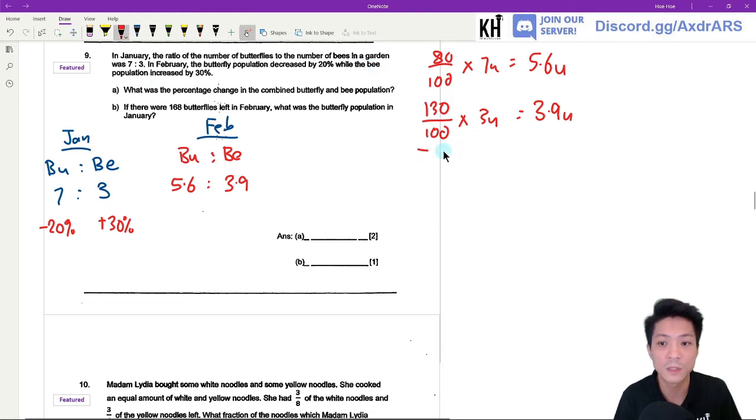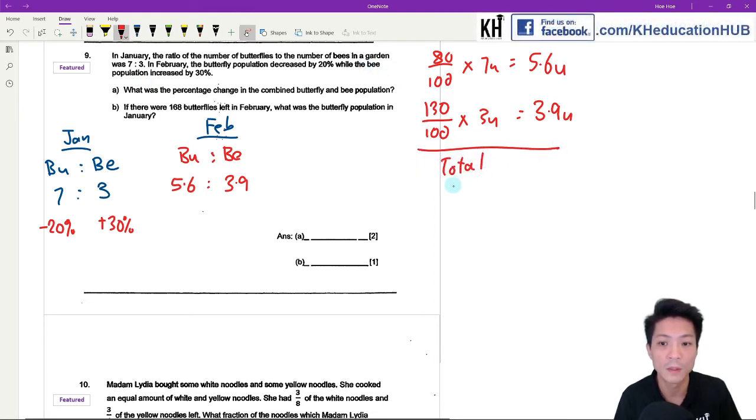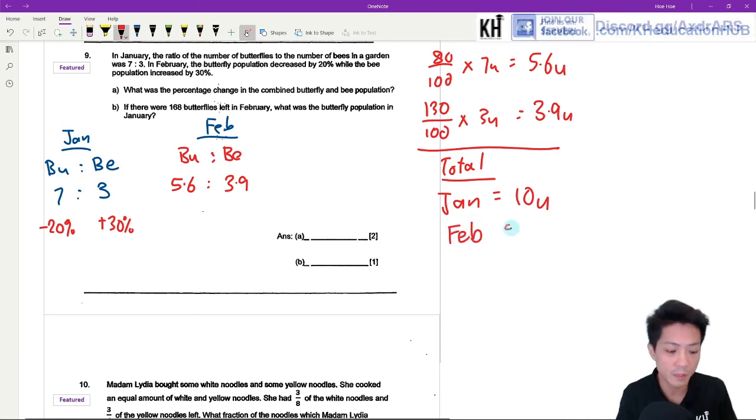Now let's work out the total units. Total in January is 10 units, and total in February will be 5.6 plus 3.9, which gives me 9.5 units. There's a decrease of 0.5 units. So what was the percentage change in the combined butterfly and bee population?